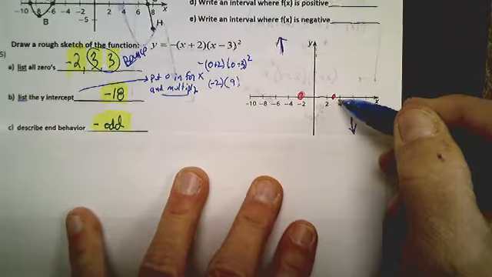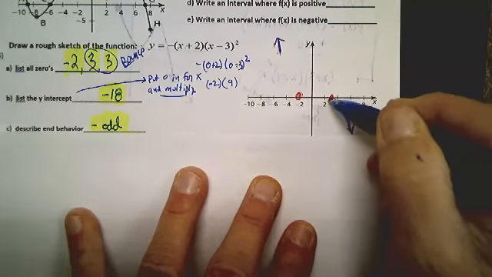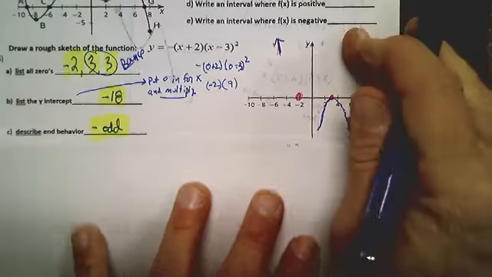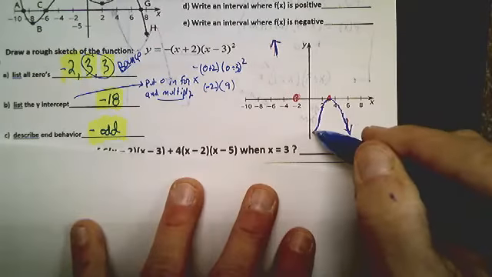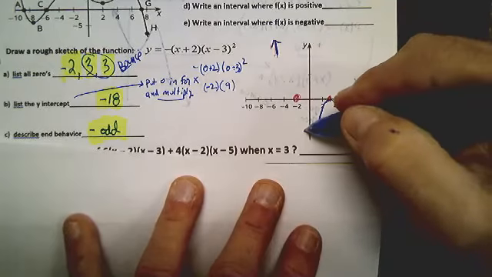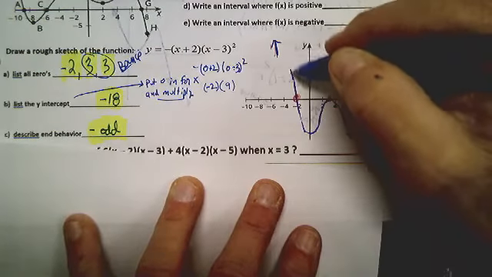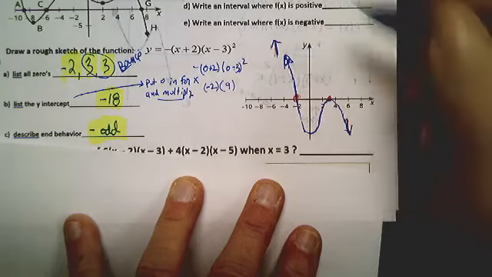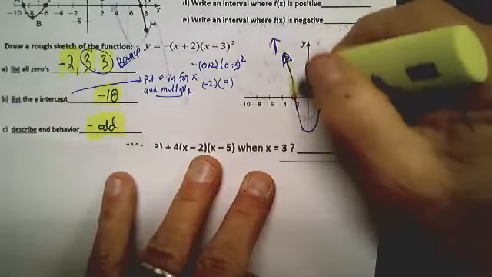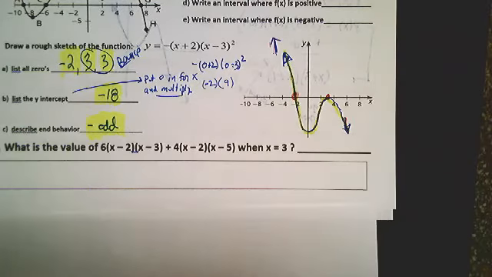So the bounce has to be right here. So if I come this way, it's got to look like this. And it's just a sketch, so that's going to come all the way down to negative 18, but I don't really care about that. And then it's got to come back up like that. All right, pretty good.